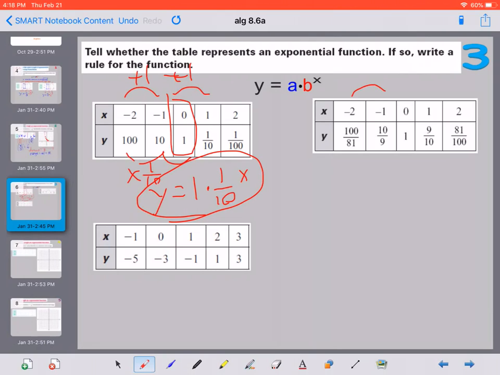Here we have adding 1. On the bottom, though, looks a little strange. If we are multiplying, let me put this in my calculator quick.